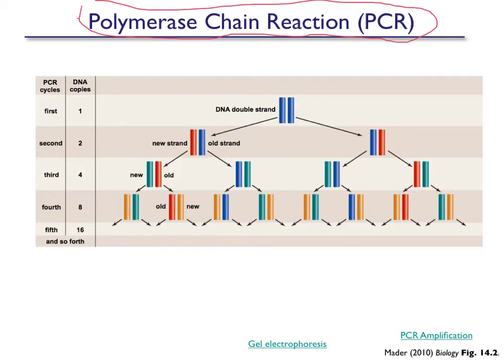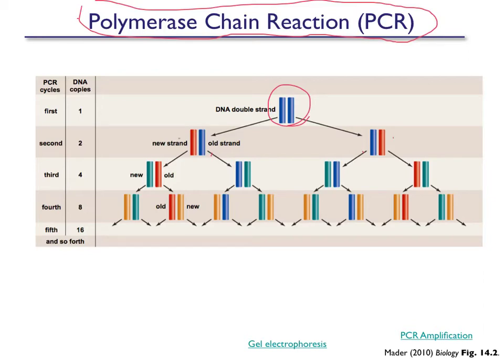Instead of using little bacterial cells to do that, we can do it in a machine called a PCR machine. The premise of polymerase chain reaction is to take the DNA, particularly a gene that you're interested in, and go through several rounds of replication. Here, in the semi-conservative method, you see one blue old strand is maintained and a new red strand is made.